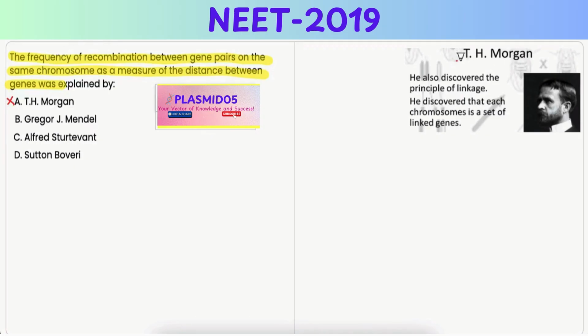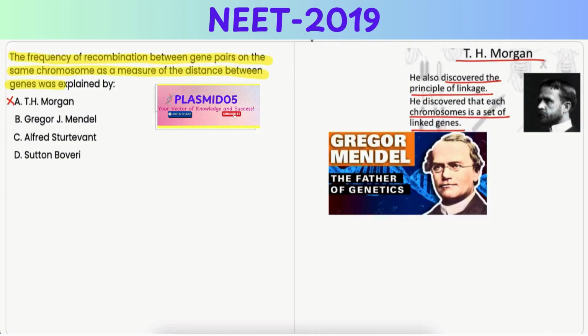Though Morgan is credited with the discovery of the concept of linkage in genes on the same chromosome and demonstrated that some genes are inherited together due to their proximity on the chromosome, he did not directly explain the concept of recombination frequency as a measure of genetic distance.